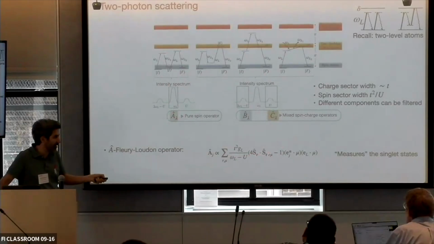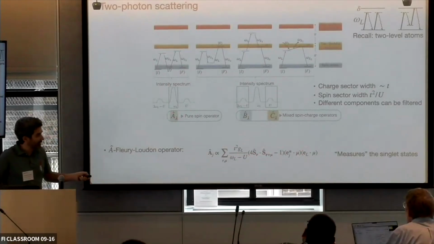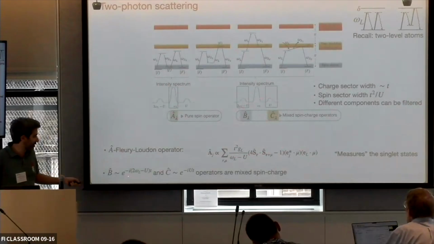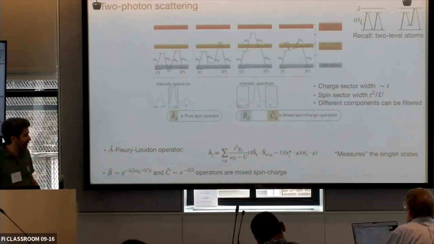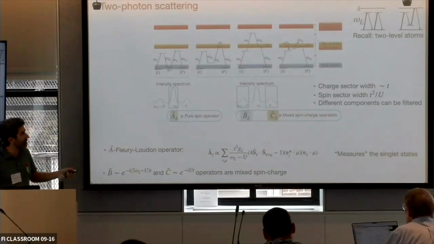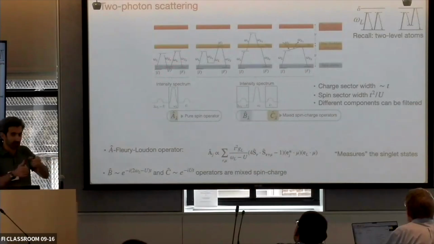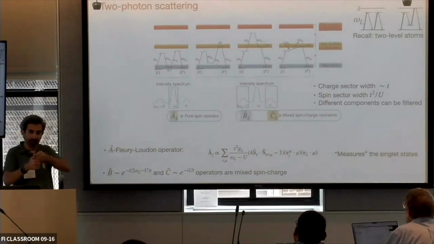So it's just S·S minus 1. And then the B and C, which are centered around these frequencies, tell me about some mixed spin-charge operator. Remember, this first process was nice because it was always in the spin sector. I just virtually go to some excited state, so I create an electron-hole pair and then plug it back.